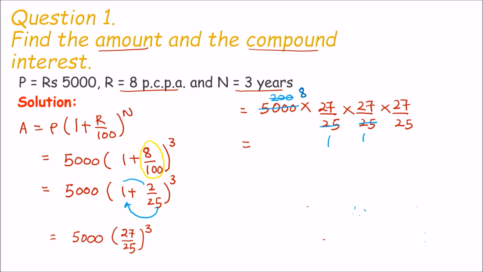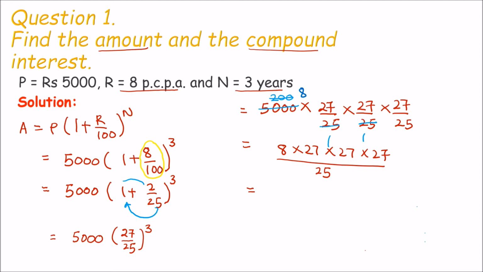So what we need to do? We need to multiply 8 with 27 into 27 into 27. So we will get 8 into 27 into 27 into 27 upon 25. Now we will multiply 8 into 27 into 27 into 27.